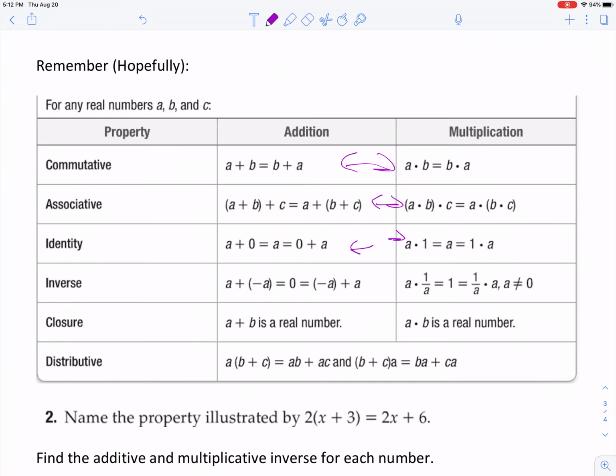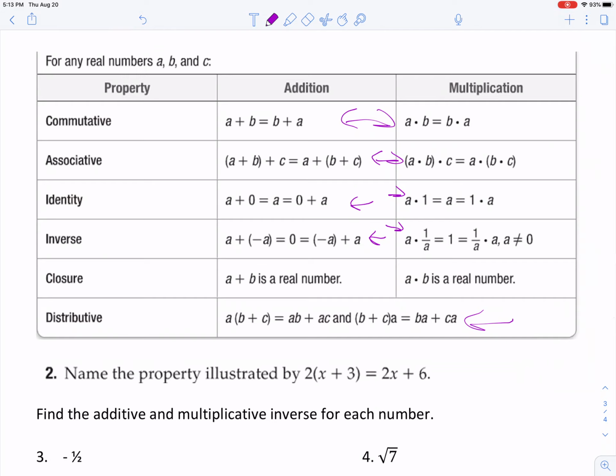If I multiply by 1, the number stays the same. Here are inverses that make things cancel. Distributive property, there you go. These are all fancy things. You already know them all, even if you didn't necessarily know the name. Here, they're going to have us define which properties were used. Looks like they just multiplied that, so this is going to be the distributive property.